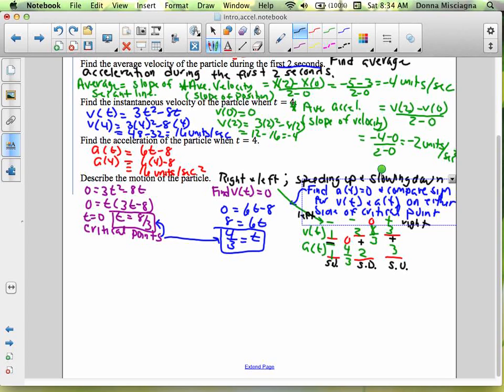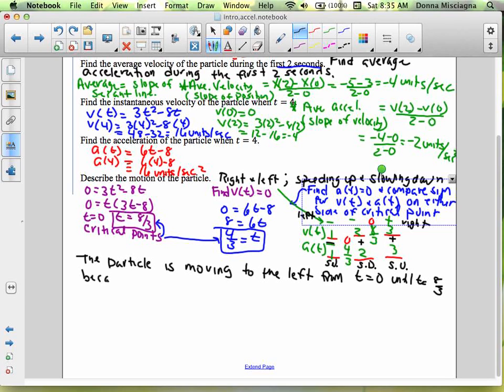So let's write the motion of our particle here. The particle is moving to the left from t equals 0 until t equals 8/3. And we know that because we always want to justify, because velocity is negative.